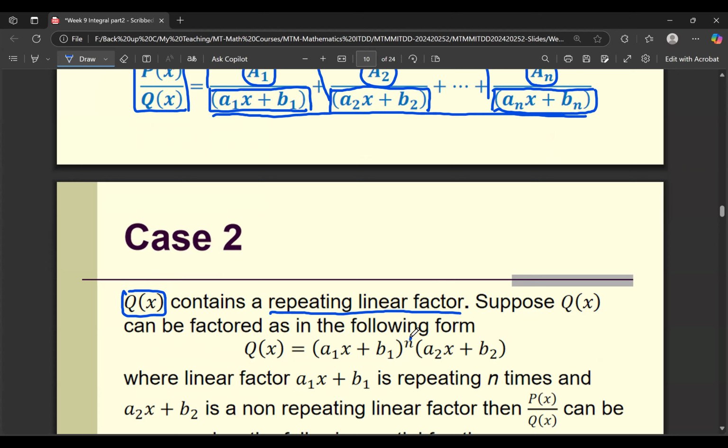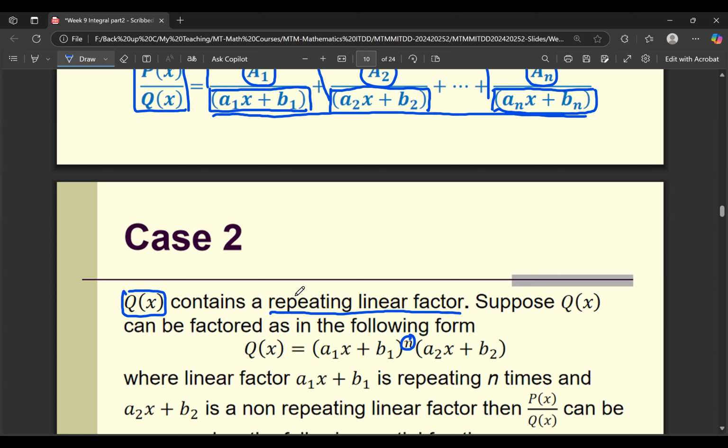Repeating means that the factor comes out not only once, but more than once. For example, a1x plus b1 might come out more than once.